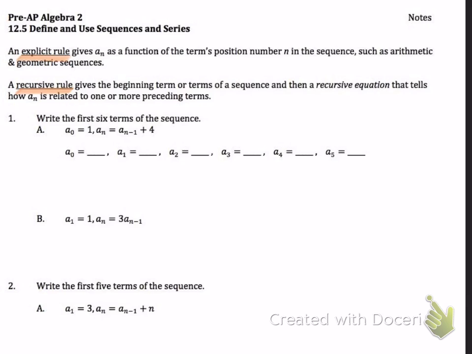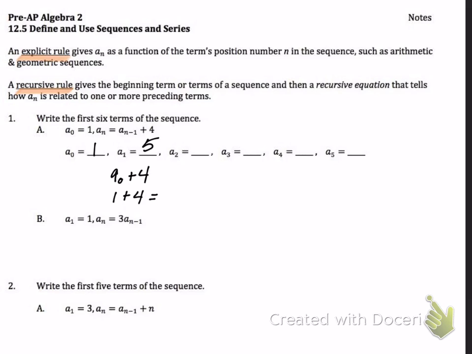If I were to plug in, my a sub 0 is 1. If I were to find a of 1, then I would take a sub 0 plus 4, which would be 1 plus 4, which would give me 5. So basically I'm taking the previous term and I'm adding 4 every single time.